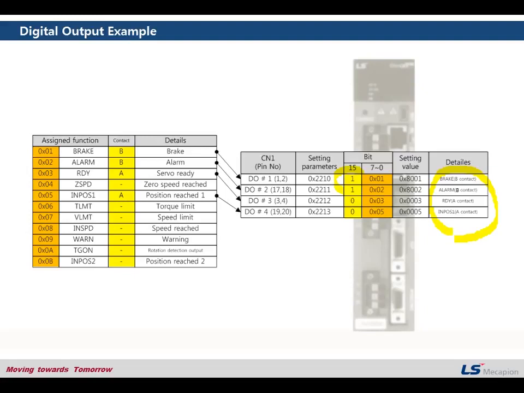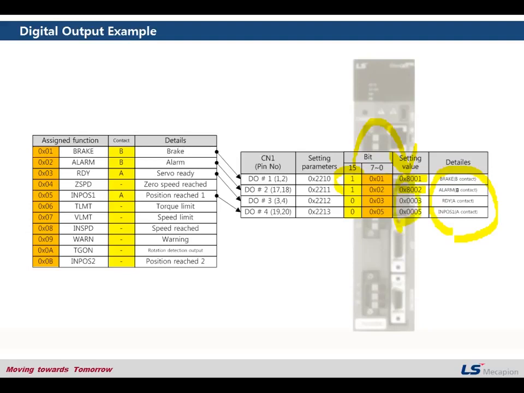However, in this hexadecimal digit, you will see the 1 is changed to 8. And the functions are the break and the alarm output. O1 and the O2. The 1 is about the break and the 2 is about alarm. So this is the setting value.